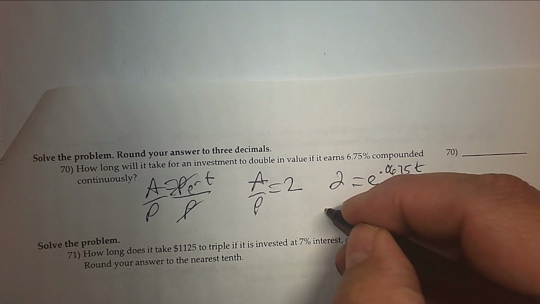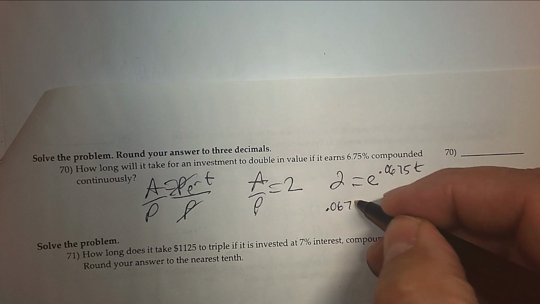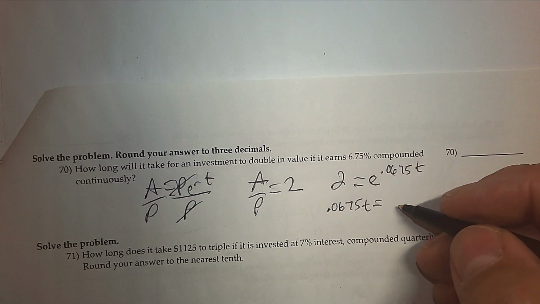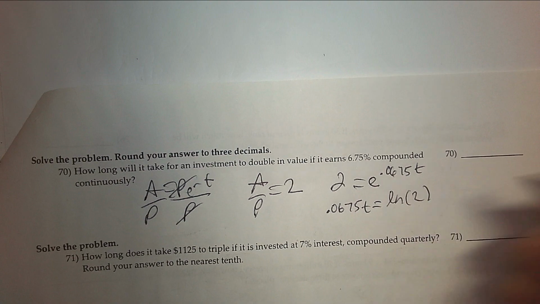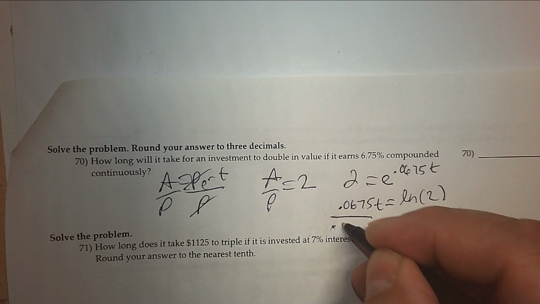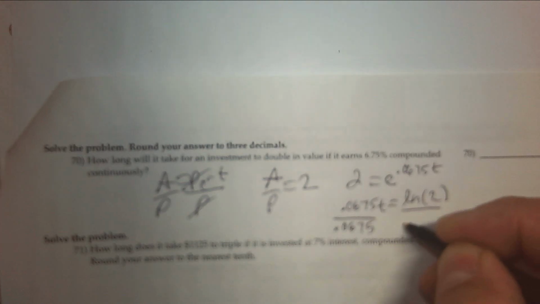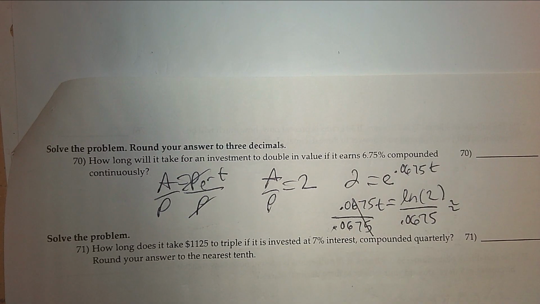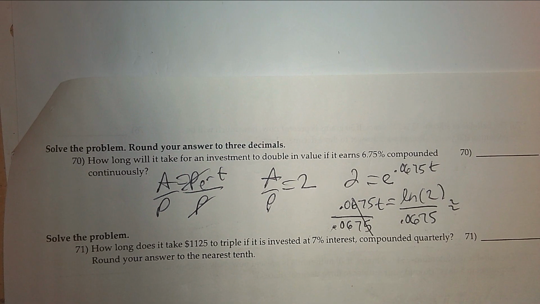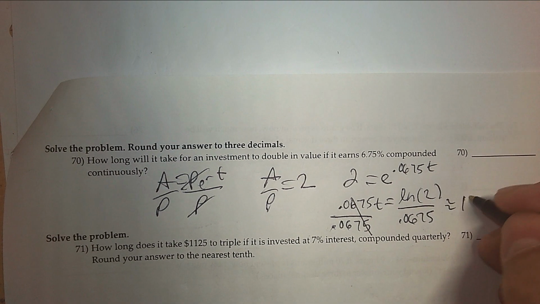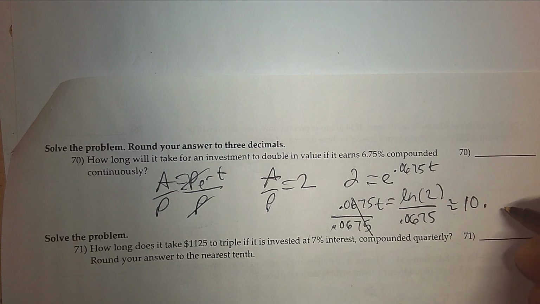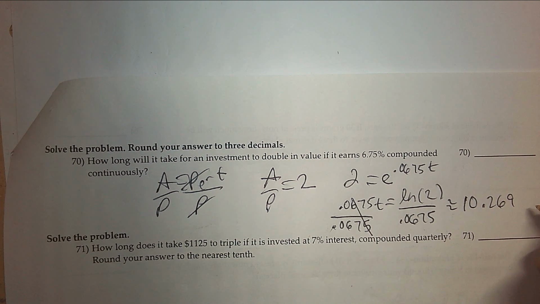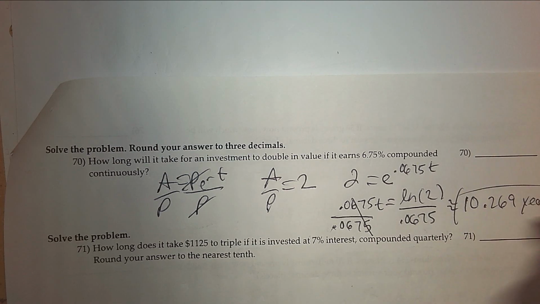So the exponent is 0.0675 T. The logarithm with the base E is ln, and then what goes inside is 2. And then divide by 0.0675. And that's it, ln 2 divided by 0.0675. So how long would it take? 10.269 years. That's how long it would take to double your money.